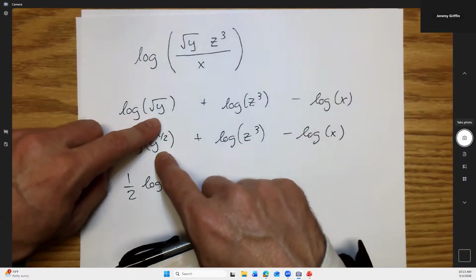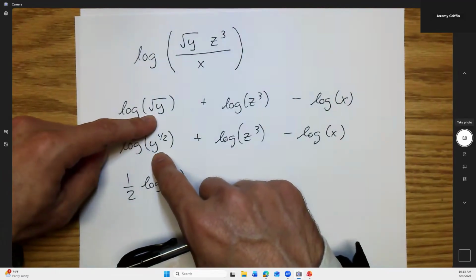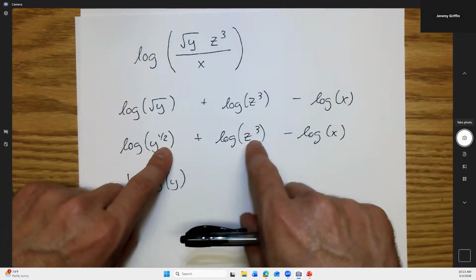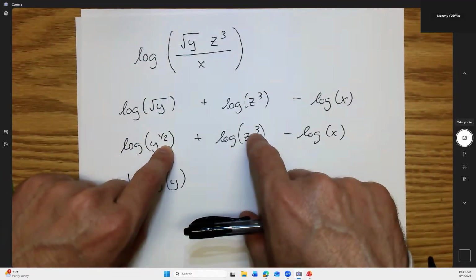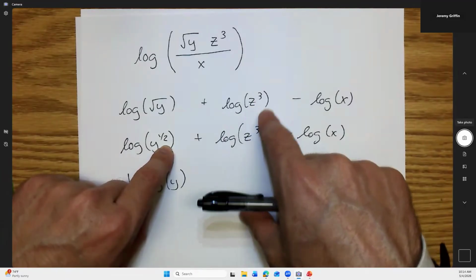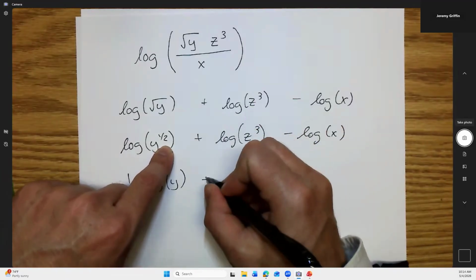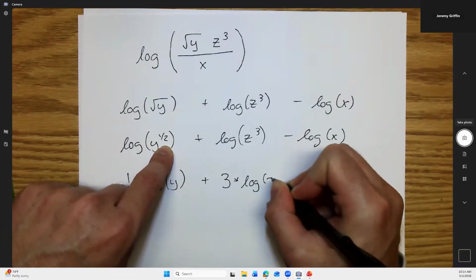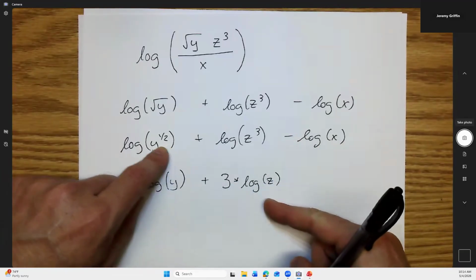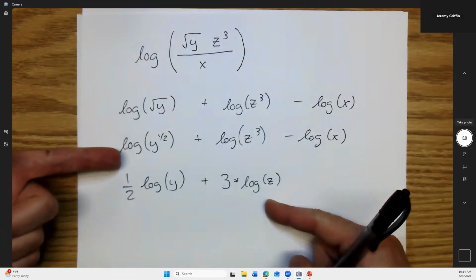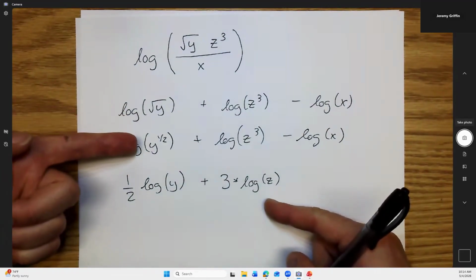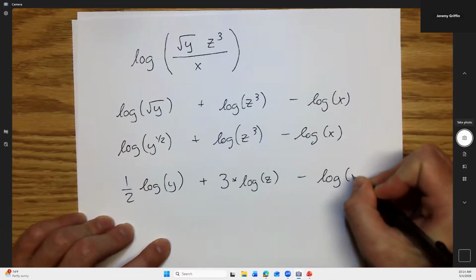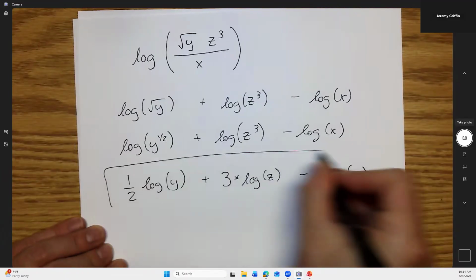Also, the square root of something is that value to the 1/2 power, which is about to be helpful. If you have log of z to the 3, what can I do with this 3? Can I bring that in front? 3 times log of z. You guys remember that? It's one of your rules. Now I also did that over here with this square root of y, which is y to the 1/2, and I can bring the half in front. So this should be the answer right here.